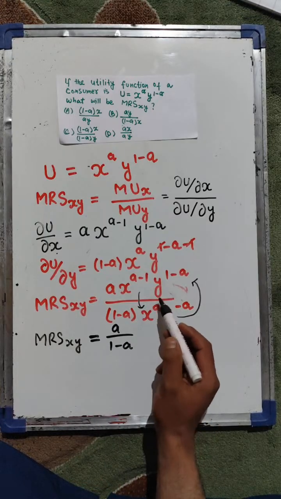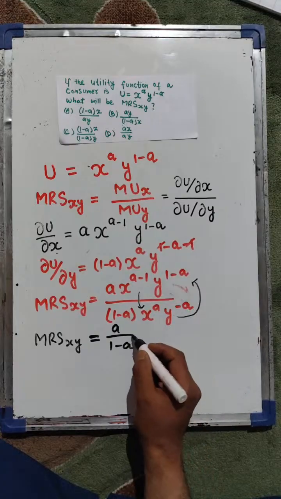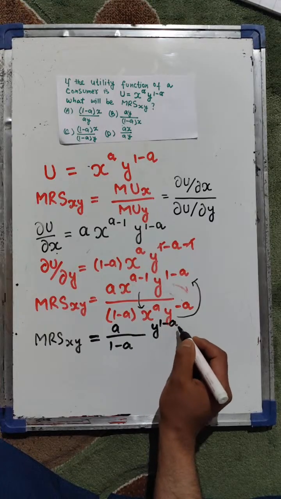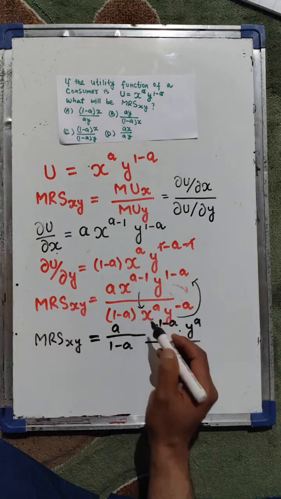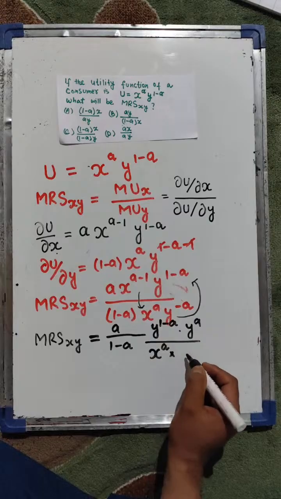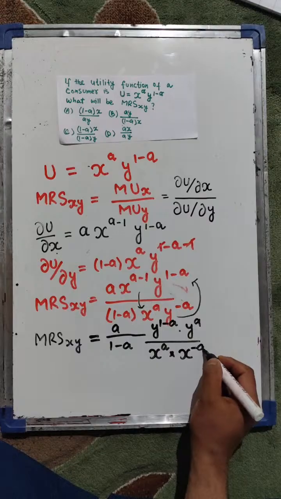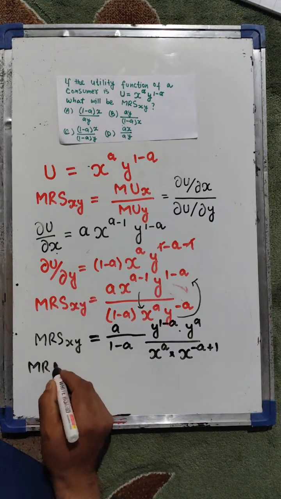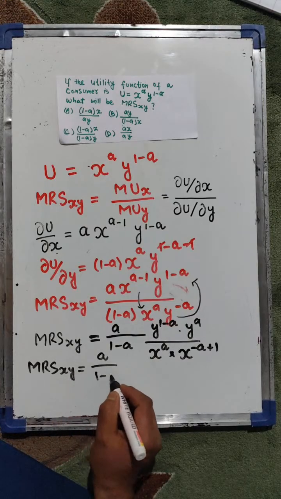When I transpose this y here, the exponent changes: if it is minus a, it becomes plus a, and it gets multiplied with y to the power 1 minus a. Likewise, when I transpose this x, it gets multiplied with x to the power a minus 1, but the exponent sign changes, so we have x to the power minus a plus 1.